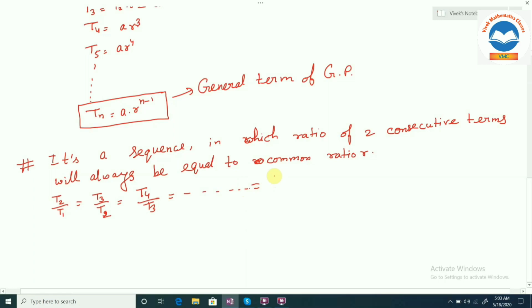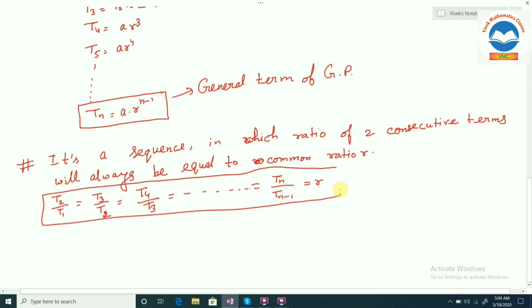Let's say in this GP you have n terms, so it will be Tn divided by Tn minus 1, and all these values will be equal to the common ratio r. So whenever you are given a GP and you want to find the common ratio, what you have to do? You have to divide the second term by the first term, or find the ratio of any two consecutive terms. That will be your common ratio r.